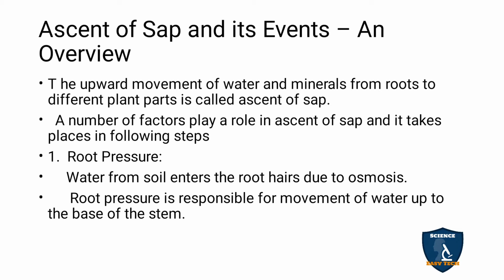So there are a number of factors playing a role in this ascent of sap. The first one is root pressure. Water from the soil enters the root hairs due to osmosis. The root pressure is responsible for the movement of water up to the base of the stem.